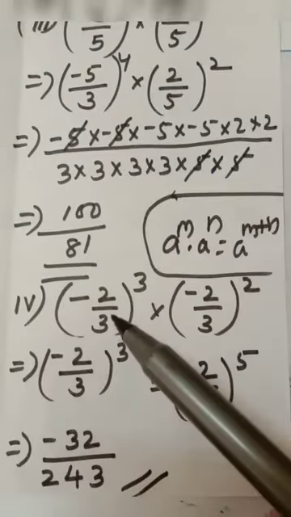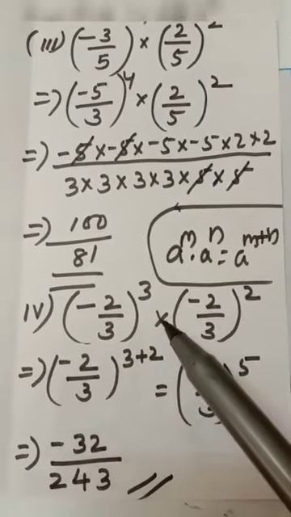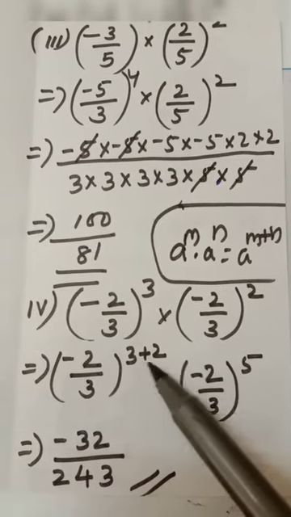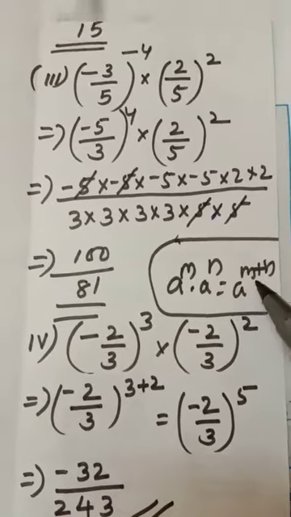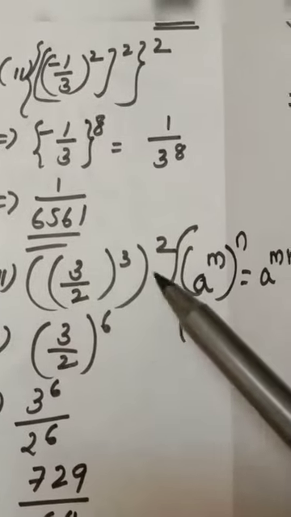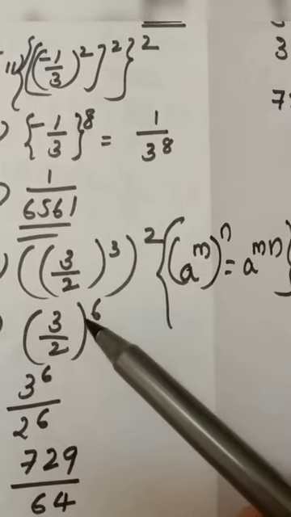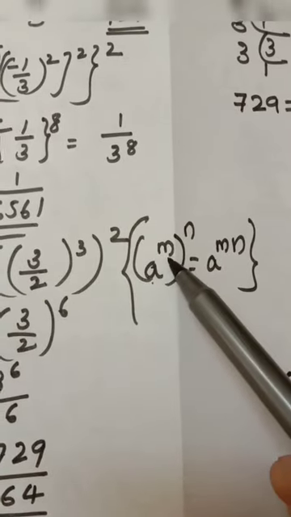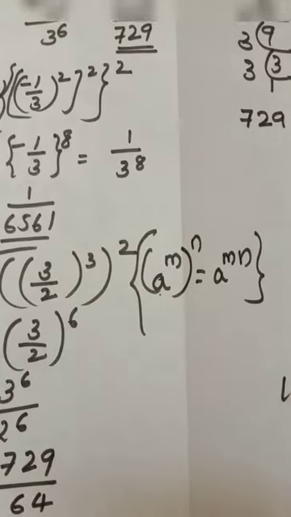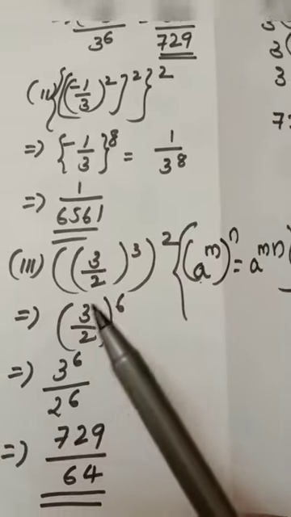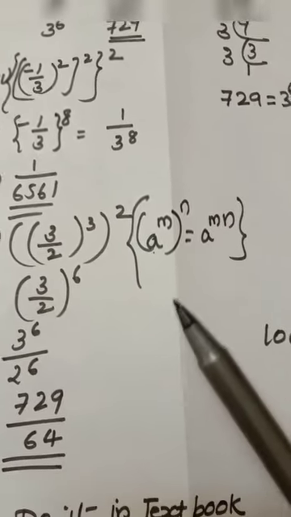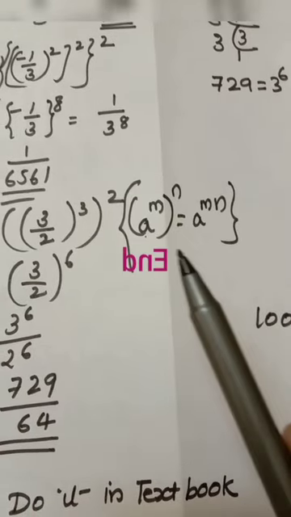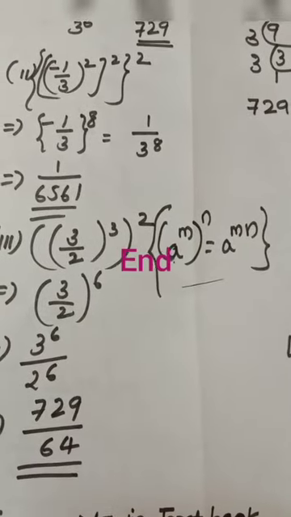Here base equal, power different, multiplication, you are adding. What is the rule? a raised to m into a raised to n equals a raised to m plus n. Here 1 base 2 power you are multiplying. What is the rule? a raised to m the whole raised to n equals a raised to mn. Like this, in each problem, whatever rule you are applying, stepwise you have to write straight away. This also carries marks. Okay.